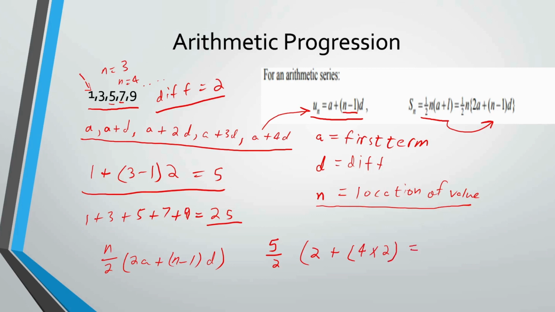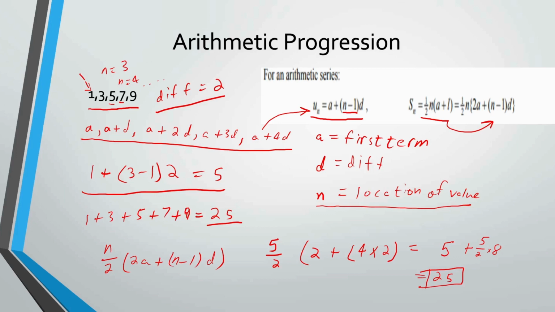That gives you 5 over 2 into 8, which gives you 25. We are going to derive this formula in another video.